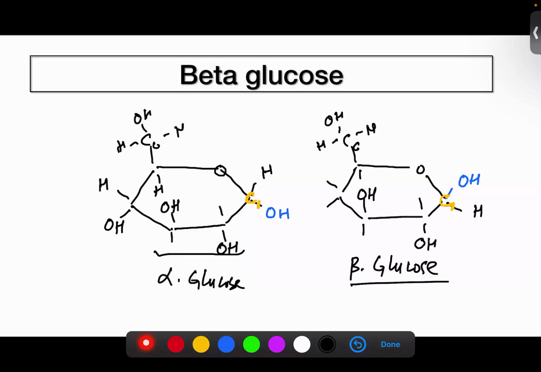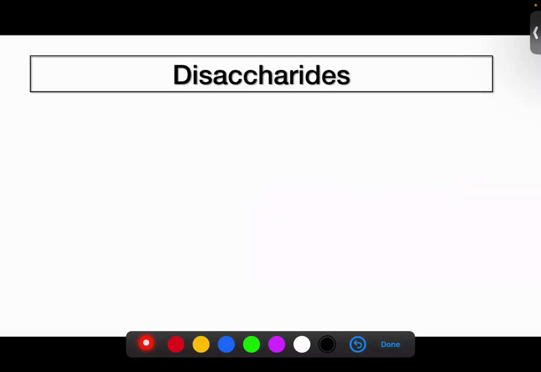Now, let's see disaccharides. Di means 2 and saccharide means sugar units.